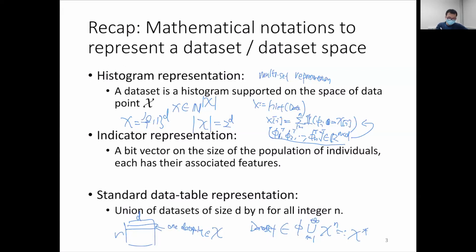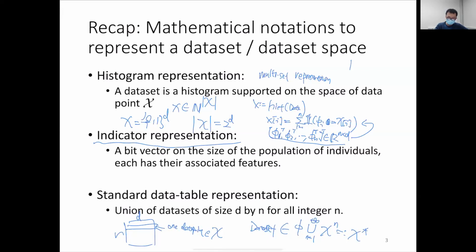All right, so finally, this indicator representation is something that we were dealing with. Before we get there, one nice thing about the histogram representation is that we can actually measure the distance between two data sets.